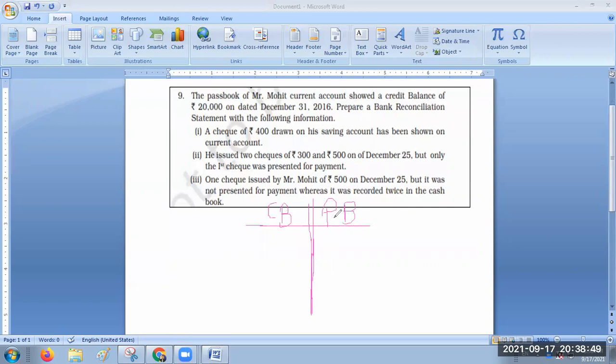But before that, I mentioned in the previous classes what is current account, what is savings account. In this problem, you have two accounts, one is current account, here savings account came. I told the difference between the two. In current account they will not pay any interest actually.